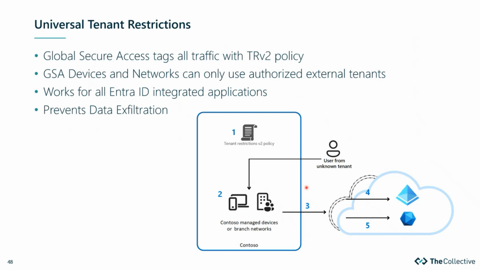This is all more easily done with Global Secure Access because we can just say in Global Secure Access, these are the tenants users are not allowed to go to. And then in the background, Global Secure Access ingests those policies into the network traffic. So this basically prevents data exfiltration both to Graph, but also to other applications integrated in Entra ID.